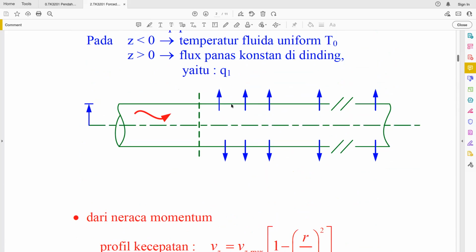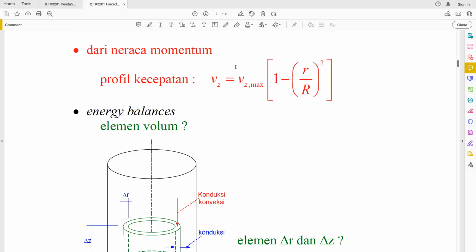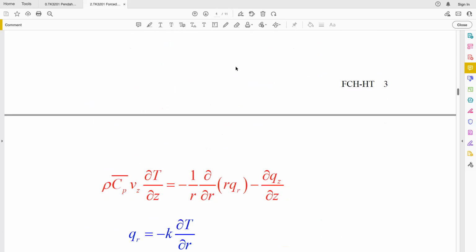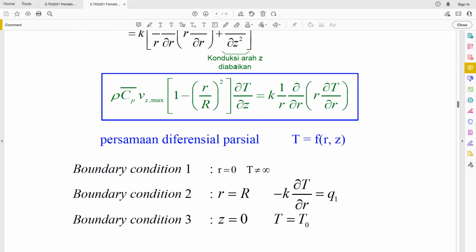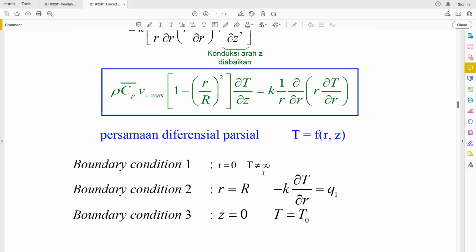And the second one, when R equals capital R, which is on the wall, there would be a heat flux with Q equal to Q1, maybe with T1 something. So this is the boundary condition.